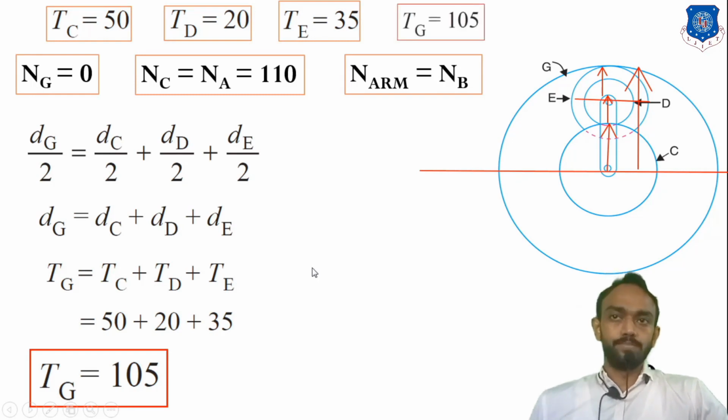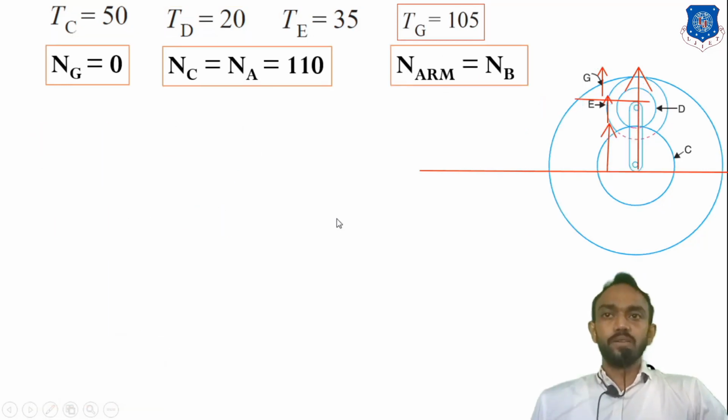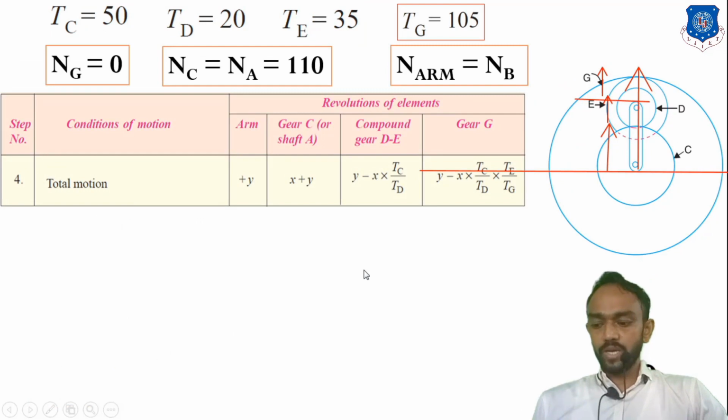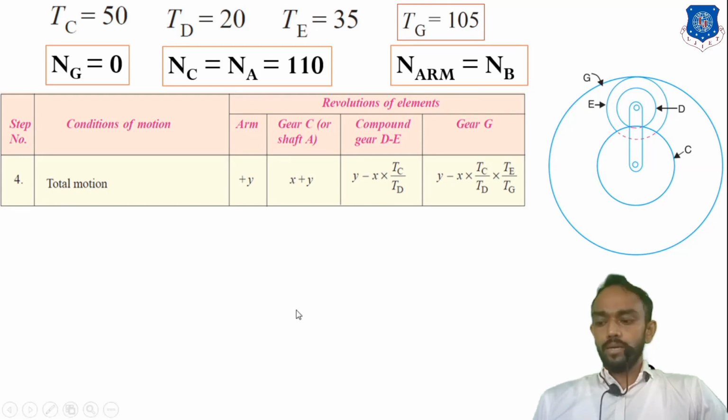Now the RPM is known, and we use the last row of our table. What is this indicating?